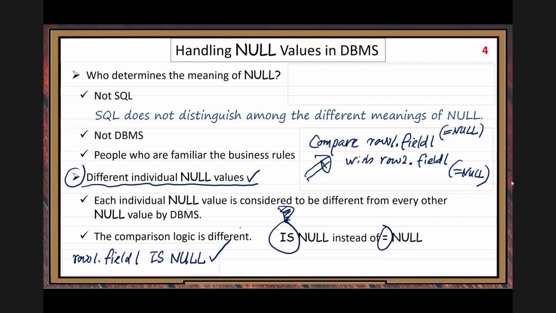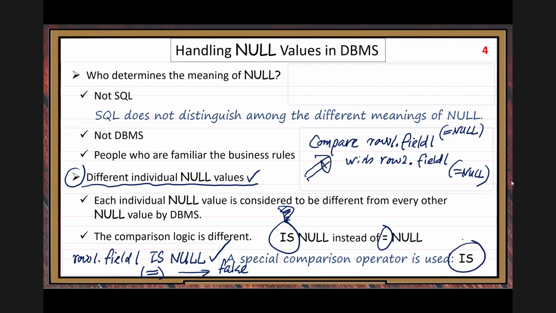If you do not use IS, but use equal, the DBMS will return the Boolean value false. It's not true. That's the difference. So remember this IS operator.